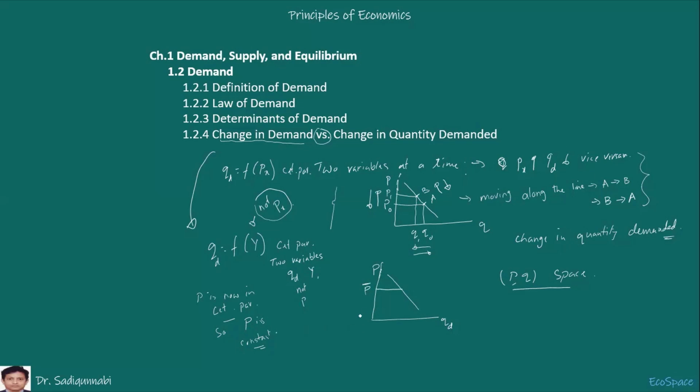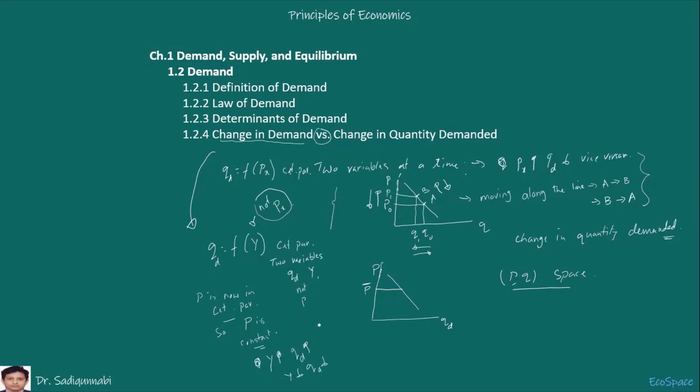So when there is an increase in Y, QD also increases. Decrease in Y means QD decreases.